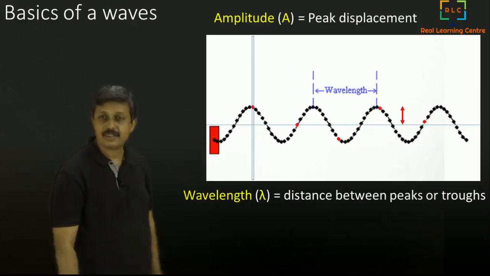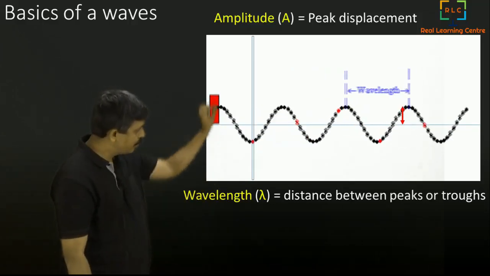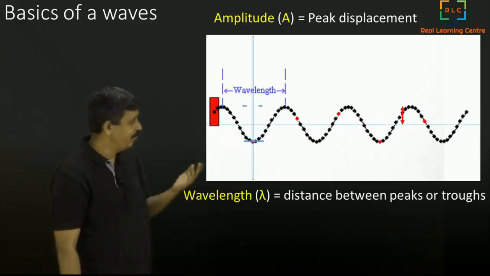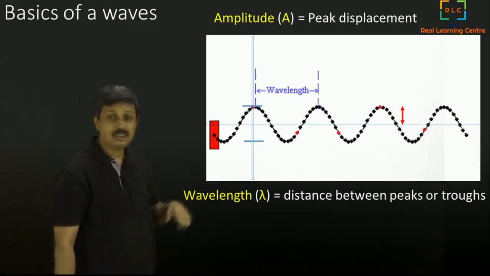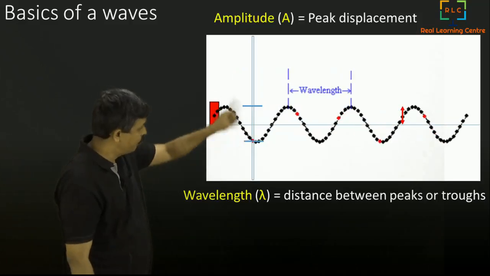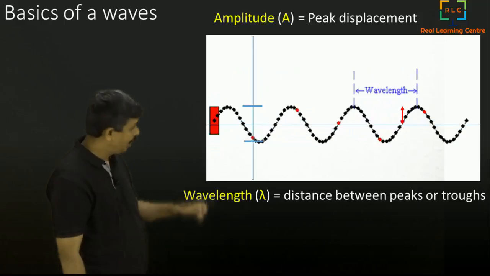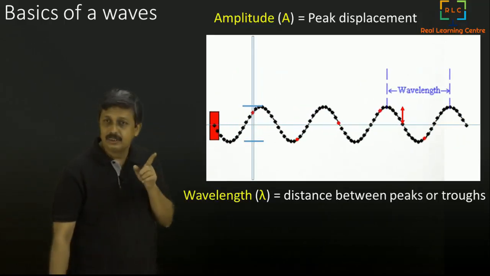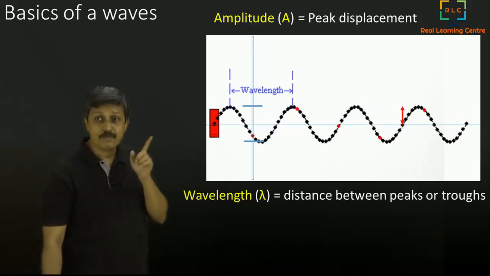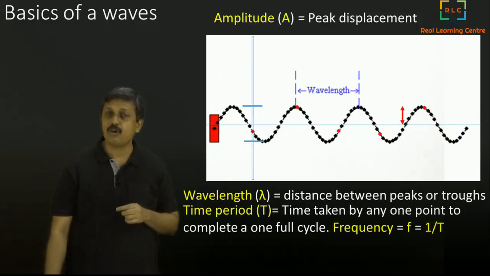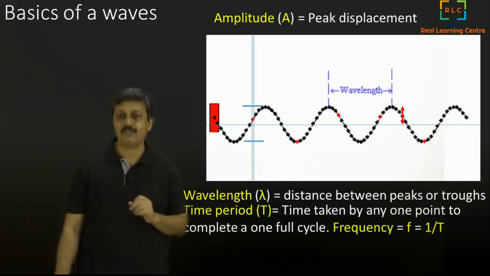What is the time period? Let us say I consider these two values as peak values; it's going between those. I will measure the time that it takes to go up and down one time. That time we call the time period of the wave.